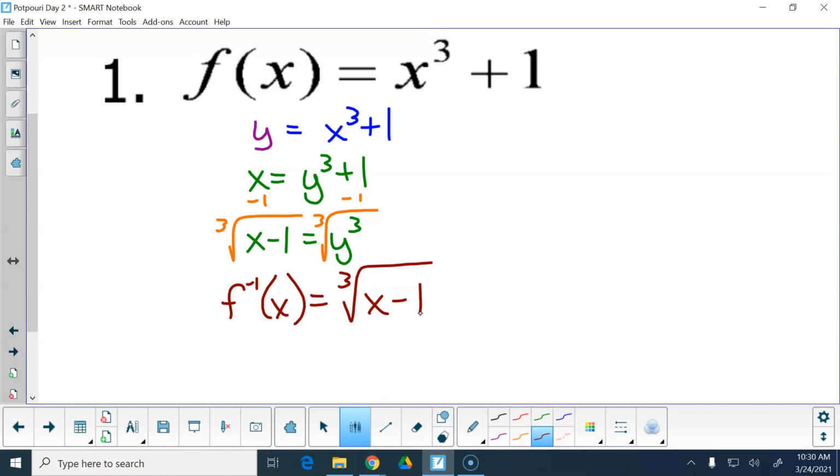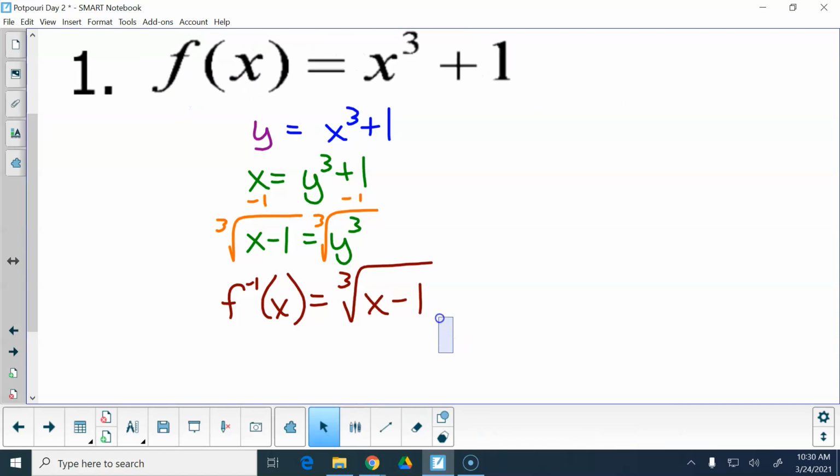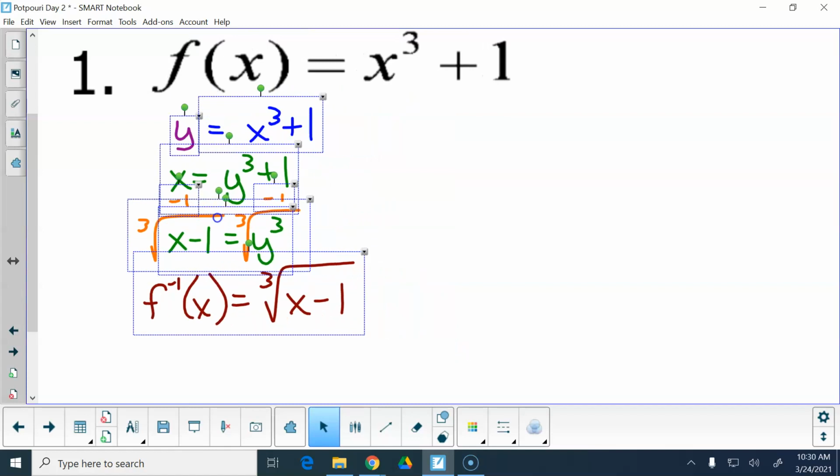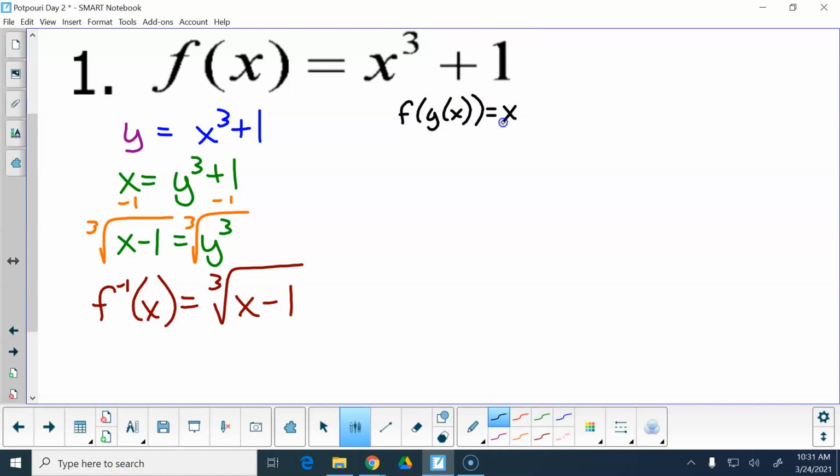So we were saying that then we need to prove or verify that f of g of x is equal to x.